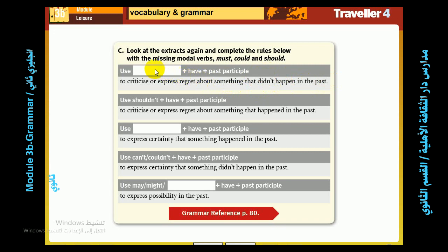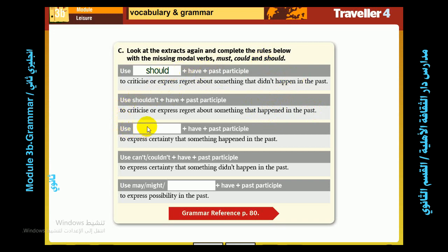Use shouldn't plus have plus past participle to criticize or express regret about something that happened in the past. So the action happened and I wish it didn't happen. But in the first one, the action didn't happen and I wish it happened.